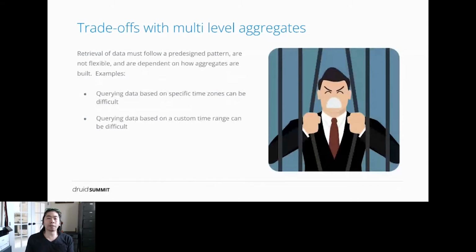Now, what are some of the other trade-offs we have with multi-level aggregates? It forces everything into a predefined pattern for retrieving data, right? One of the tricks that we did at Amobee to save on storage costs was that we knew ahead of time that for certain reports, it didn't really need all those columns.